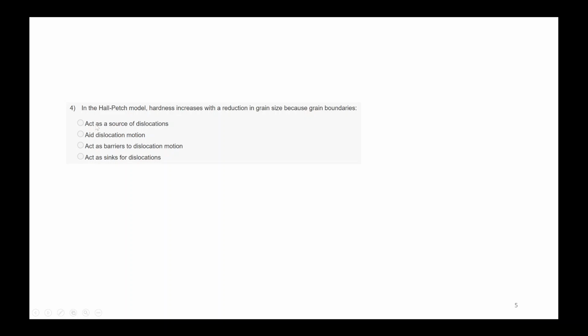Your options are that grain boundaries act as a source of dislocations, or add dislocation motion, or act as a barrier to dislocation motion, or act as sinks for dislocations. So your answer will be C. It acts as a barrier to dislocation motion.